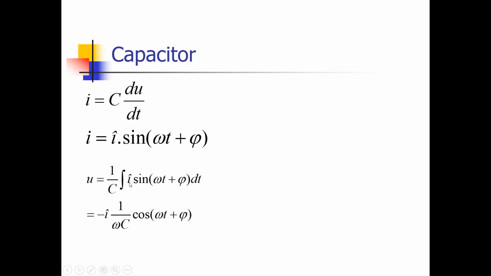We can bring this amplitude for the current in front of the integration, put it over here. 1 over C is over here. And because of the chain rule, we have to apply it the inverse way.